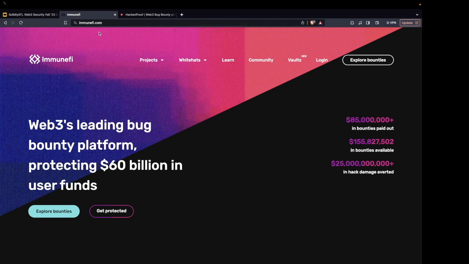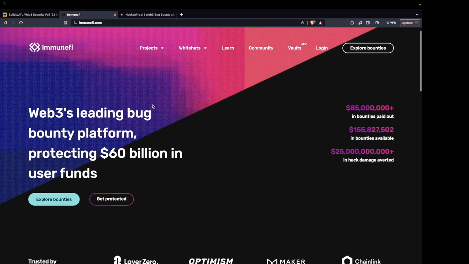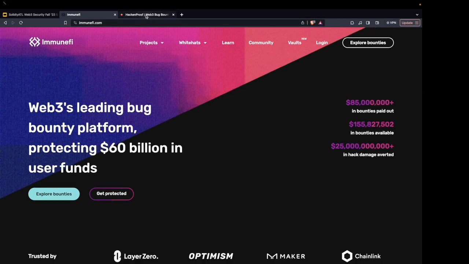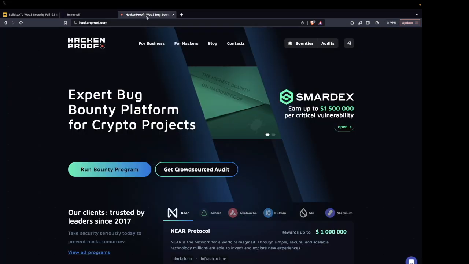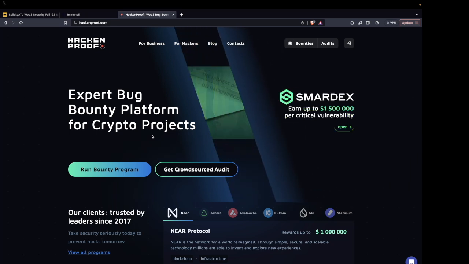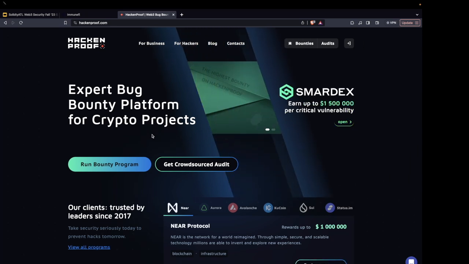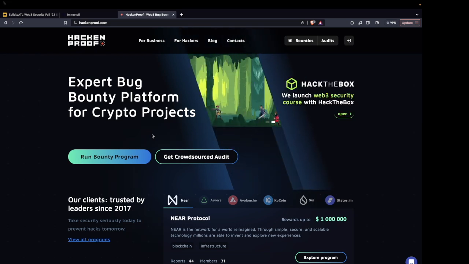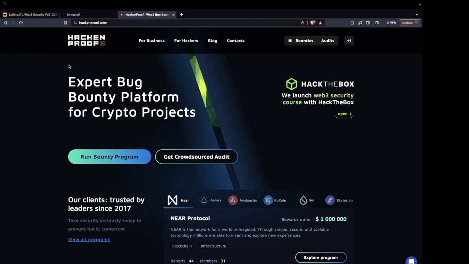This is a platform where projects can come and post bounties where white hats can come and report vulnerabilities to get paid out. It's the largest Web3 bug bounty platform. Another platform is HackenProof, which is similar, but they also have a lot more bounties for the non-Web3 components of the protocol.